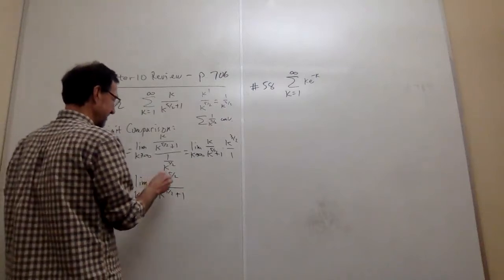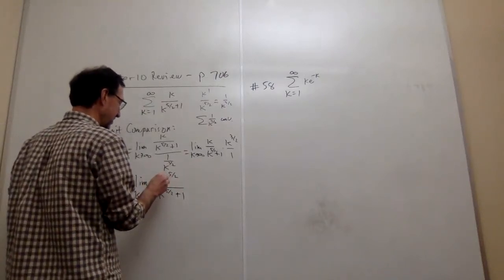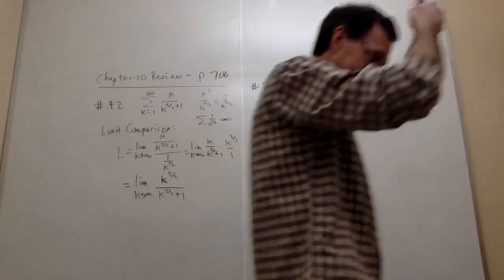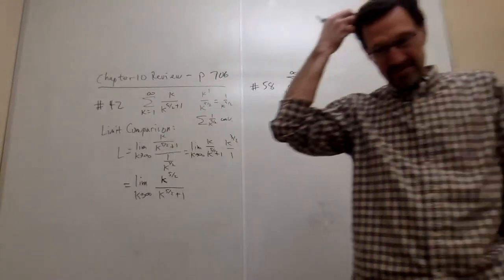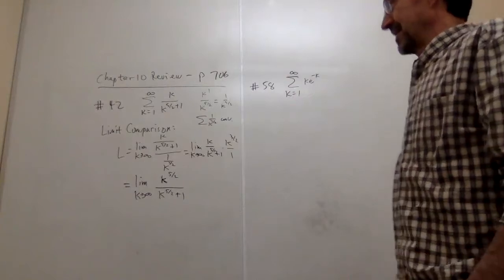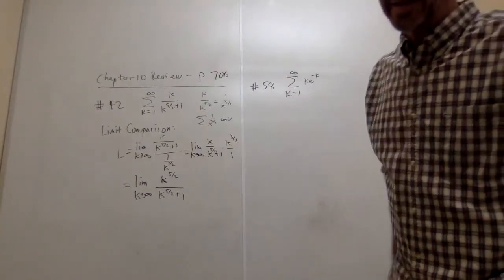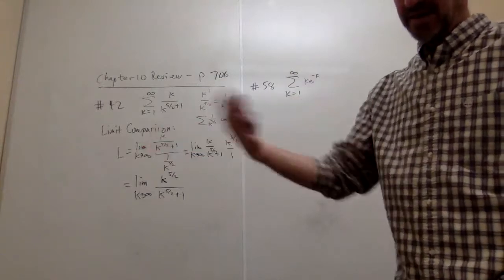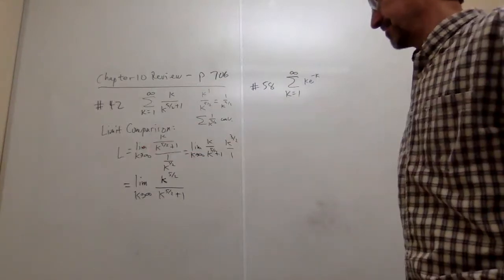Okay. Because of the fractional power, those are not polynomials. But it's not hard to believe that the limit's going to work like it did for rational functions, a polynomial divided by a polynomial.